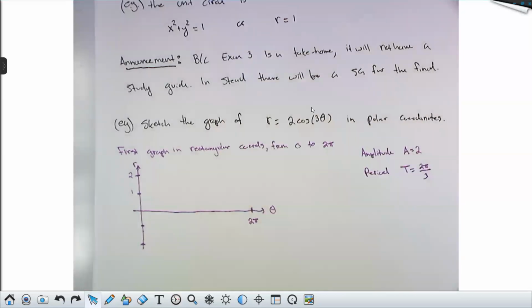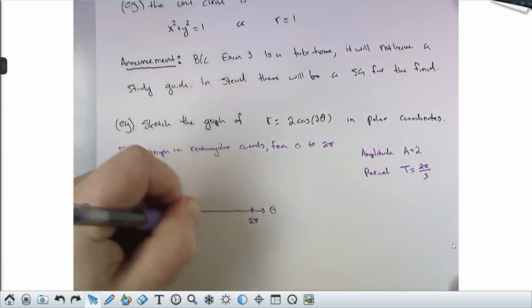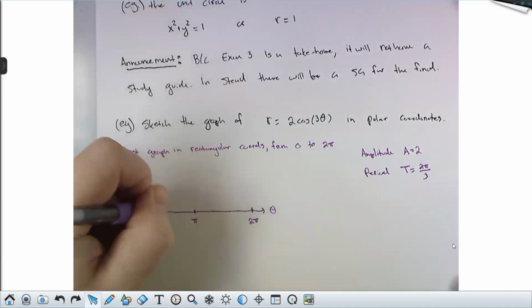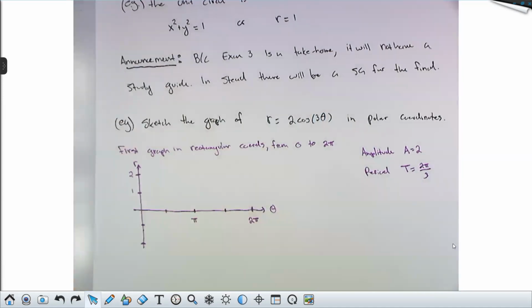All right, everybody remembers how you find the period for a sine or cosine function. You just take 2 pi and divide it by this number. So here's 2 pi, here's pi over 2, 3 pi over 2. I'm not going to mark them, but I am going to mark 2 pi over 3, right?